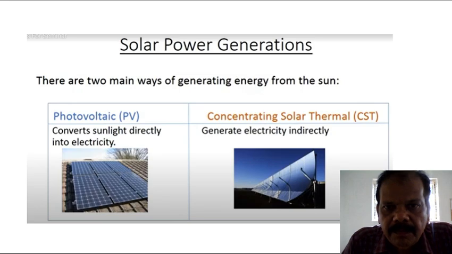In the other one, the concentrating solar thermal power station, CST, electricity is generated by concentrating the solar radiation onto a single axis or single point, where a working fluid flows through that axis. The cold fluid will get heated and become vapor, and this high pressure, high temperature vapor will be used to run the turbine for generating the electricity.